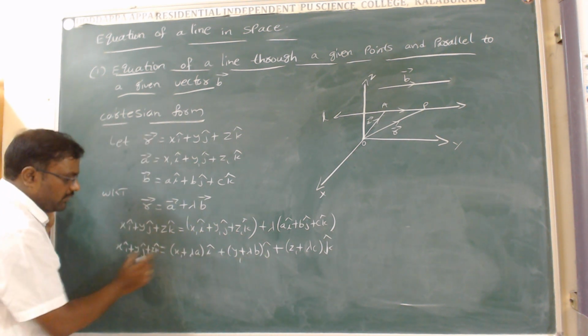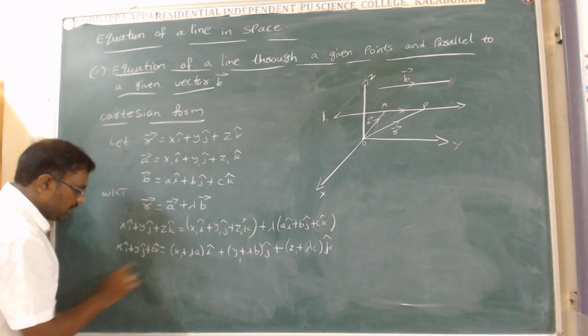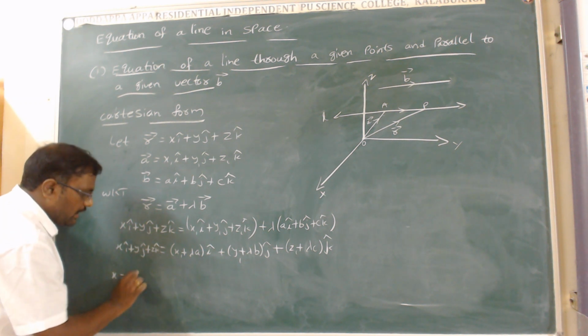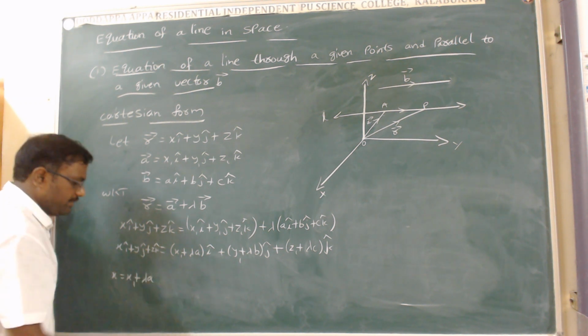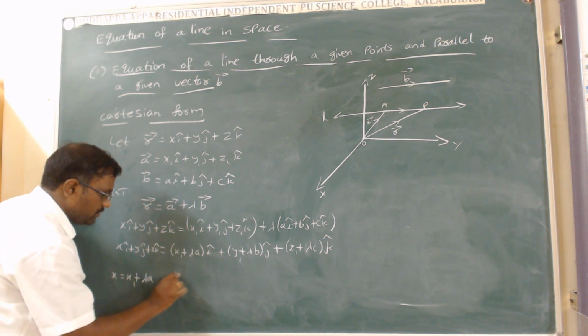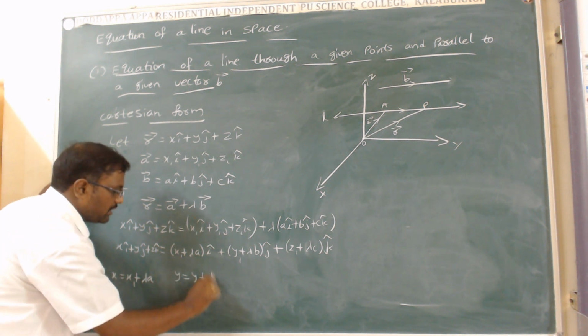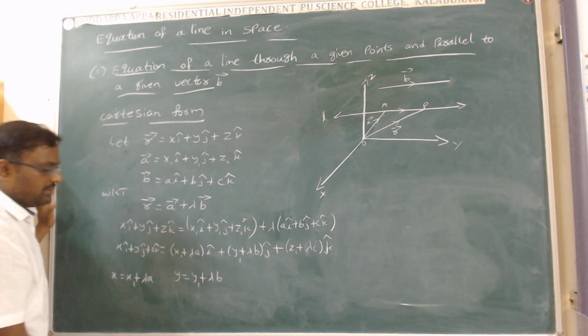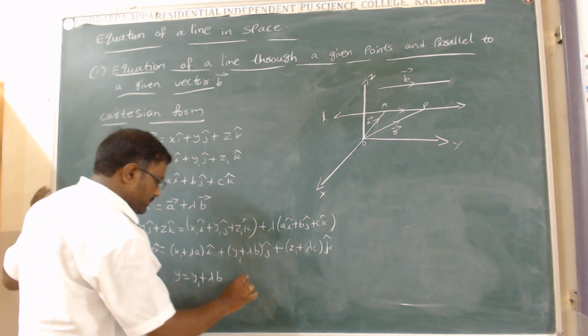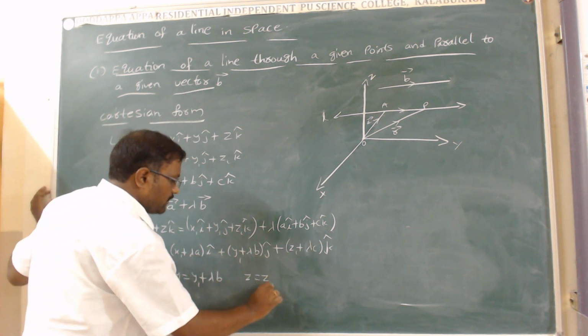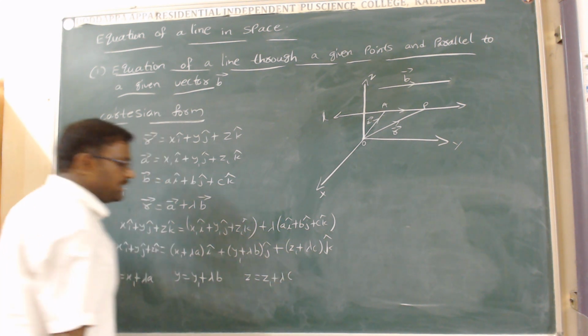We get x equal to x1 plus lambda a, y equal to y1 plus lambda b, and z equal to z1 plus lambda c.